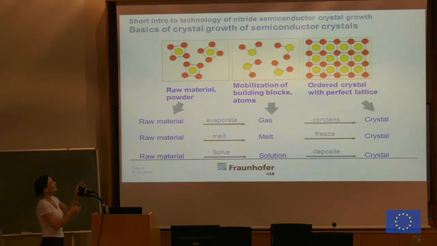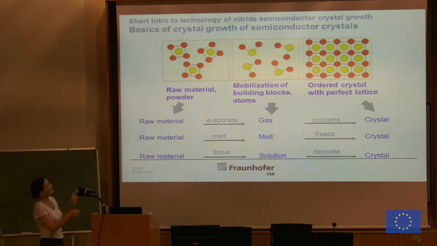So you have some raw material that can be a powder, for example, and you have the mobilized building blocks, which can have a different form. And then the ordering of the crystal happens by a process which can be condensation, freezing, or just a deposition from a gas phase.